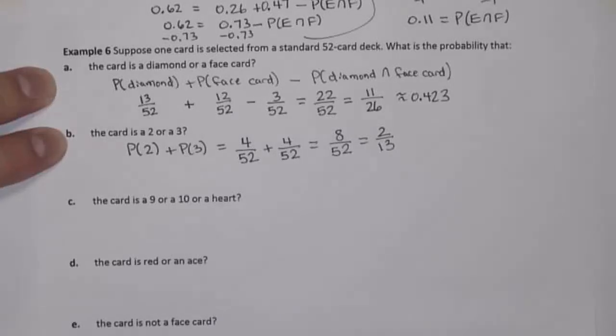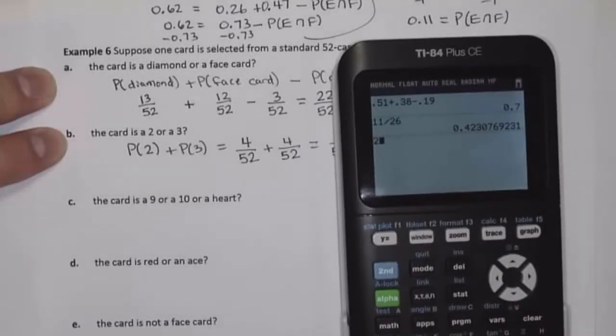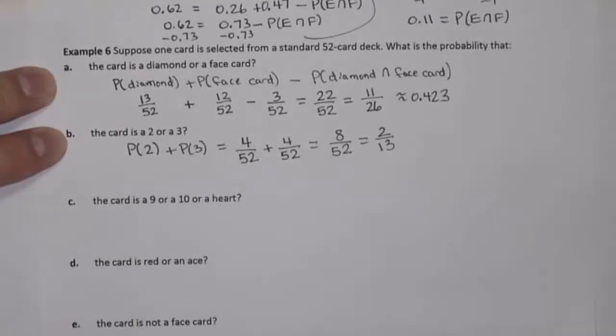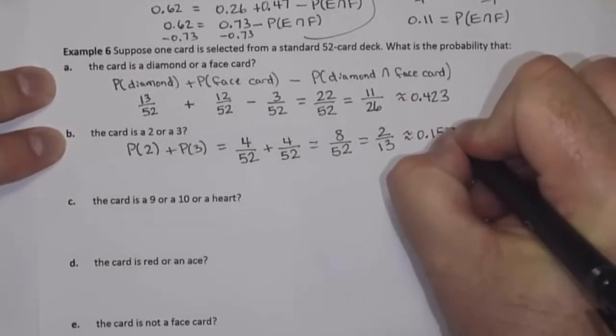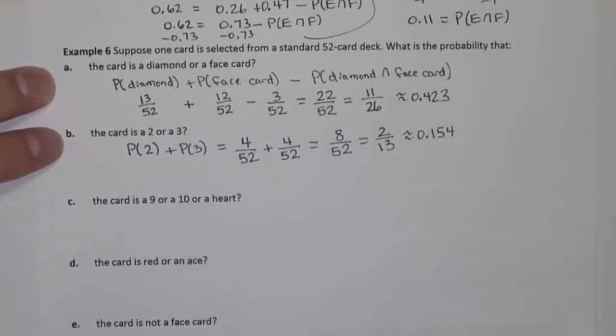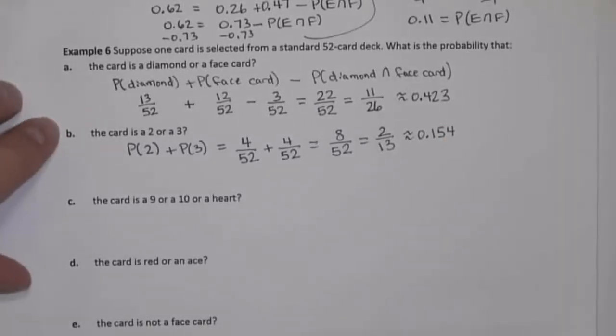So we have a 2/13 probability. And if we want to see what that is as a decimal, that would be approximately 0.154 if we round to 3 places. So about a 15.4% chance.